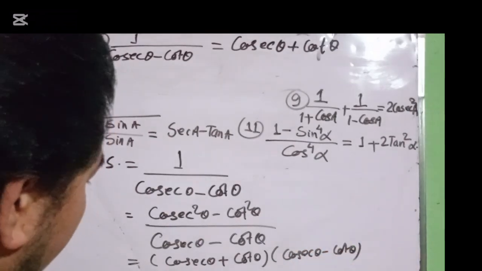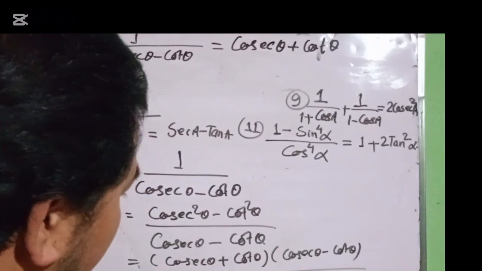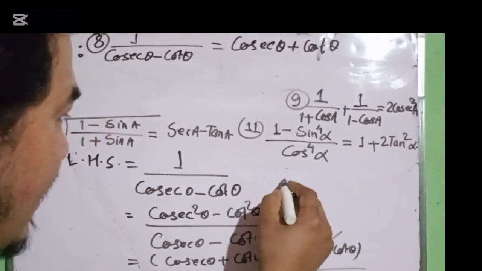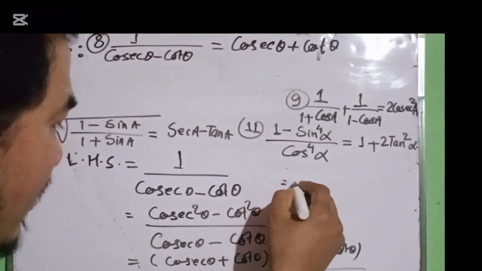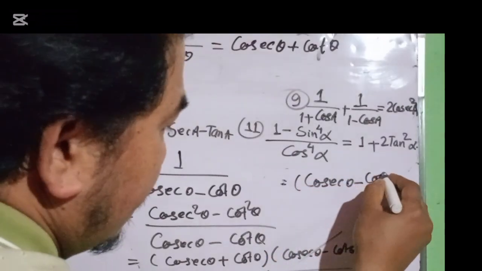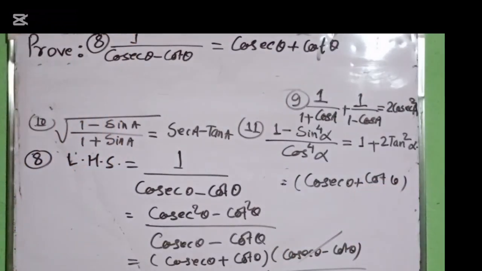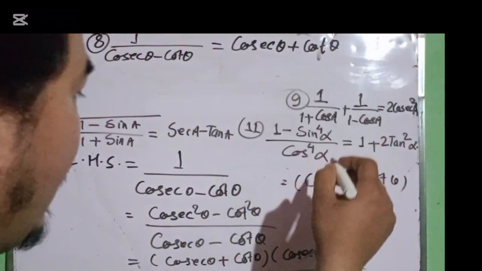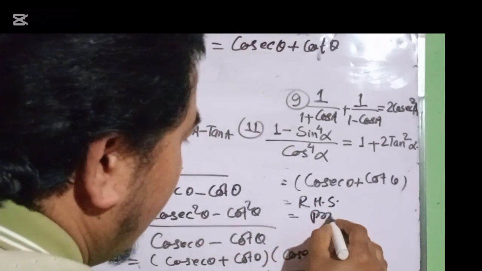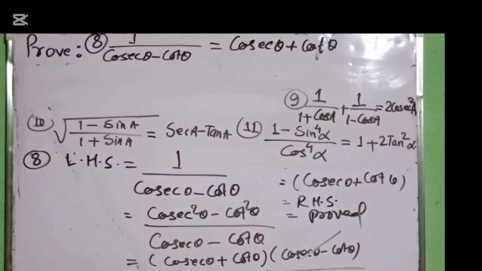Down it will be cosec theta minus cot theta, same, and this cancels, and our remaining one is the result to bring, that is cosec theta plus cot theta. This is our right hand side, so we have proved it. Like this we have to prove question number 8.